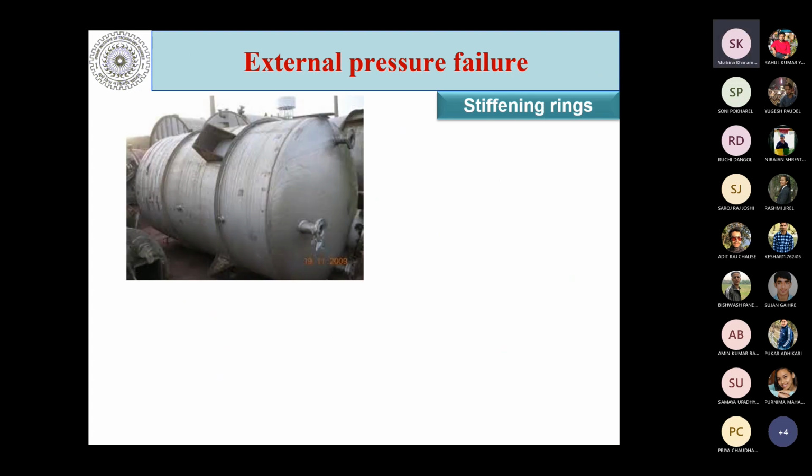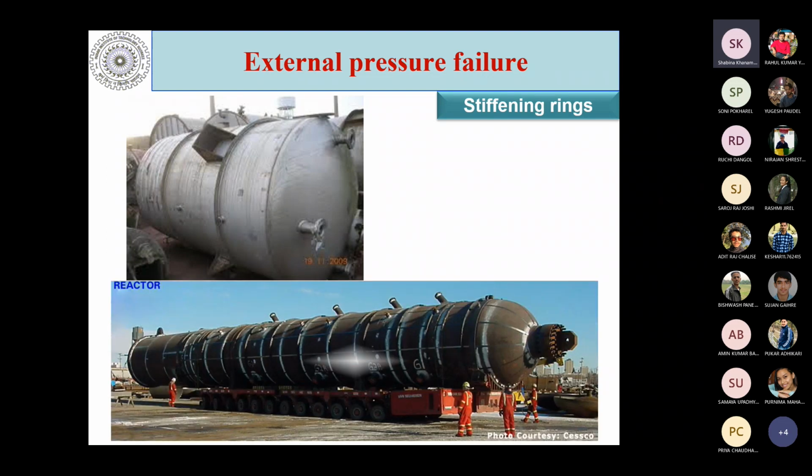If you see the stiffening rings, these are nothing but an assembly placed or welded over the external circumference, or outside the circumference. Here, this is the long reactor, a long vessel, and after a certain interval we have these kinds of rings.